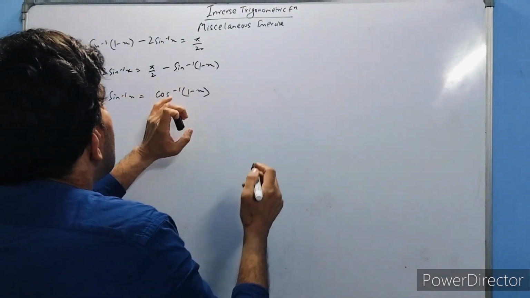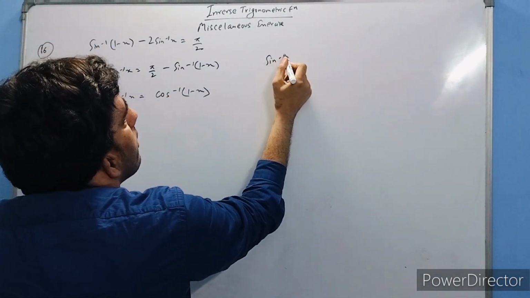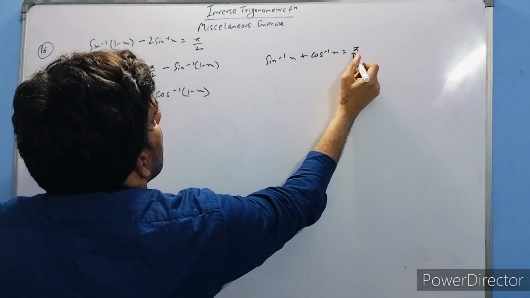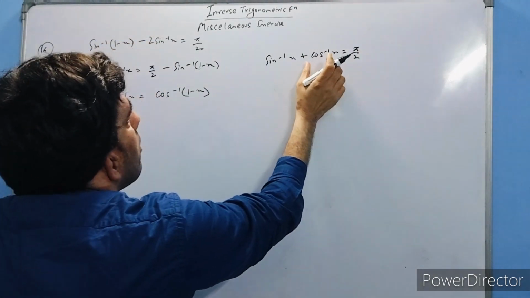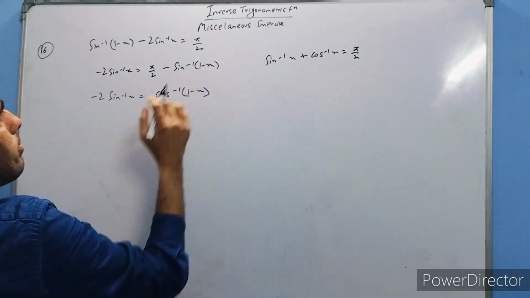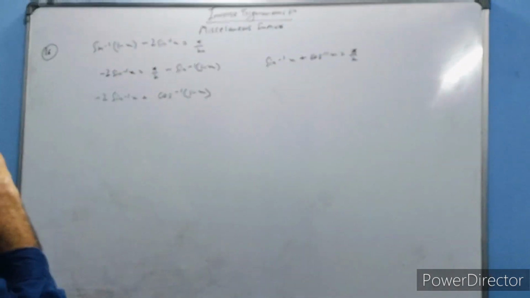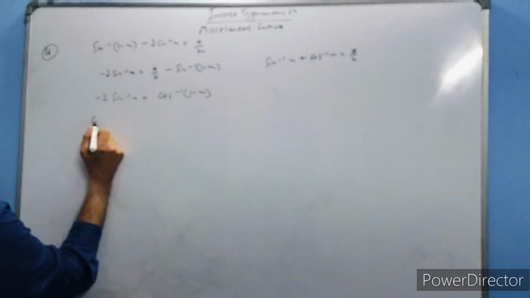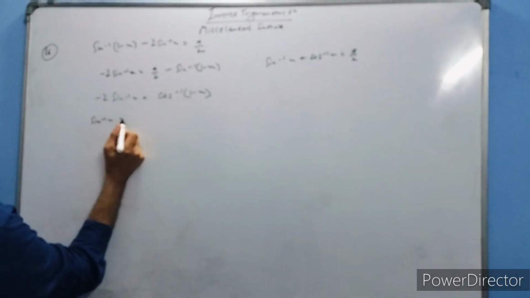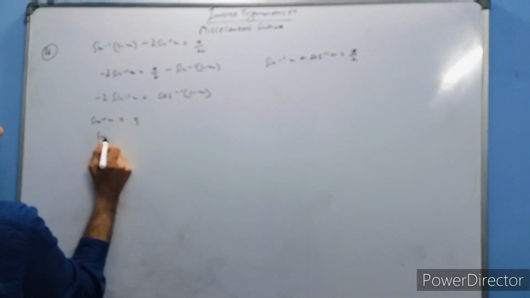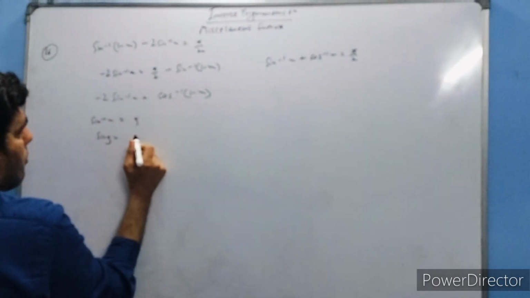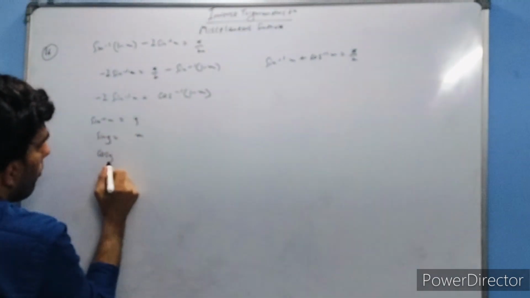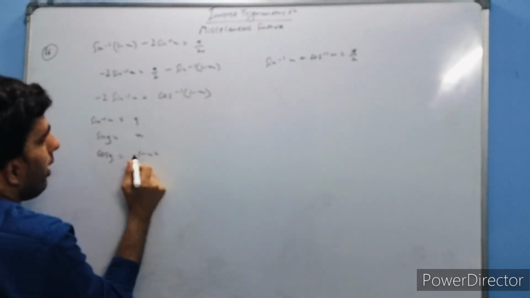Now we have used one identity, that sine inverse x plus cos inverse x is equal to pi upon 2. If I take this, so we'll have cos inverse x. Now what we can do here, put sine inverse x is equal to y, so we can say sin y is equal to x, so we can say cos y will be root of 1 minus x square.